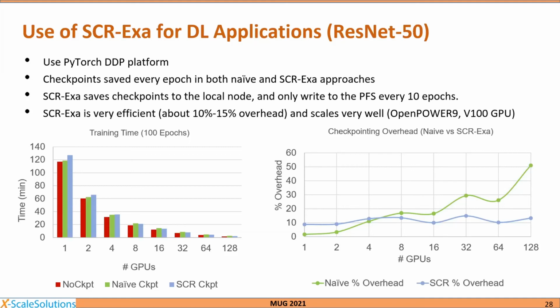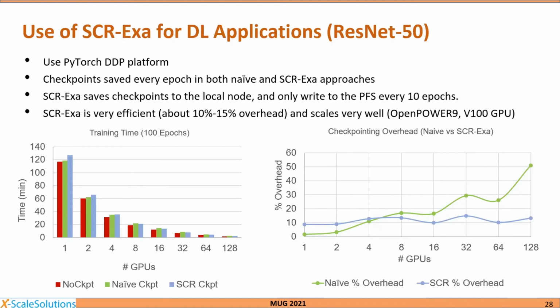Now, the second thing is the comparison between the naive and SCR Xscale, as you can see on the right lower corner. For the naive one, the overhead is increasing significantly as you increase the GPU count. However, for SCR Xscale, this is flat.